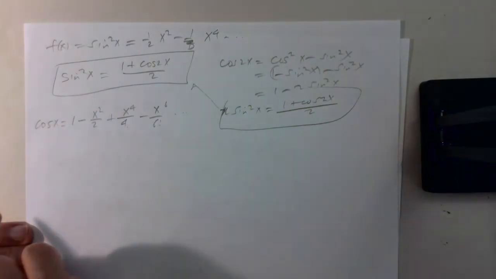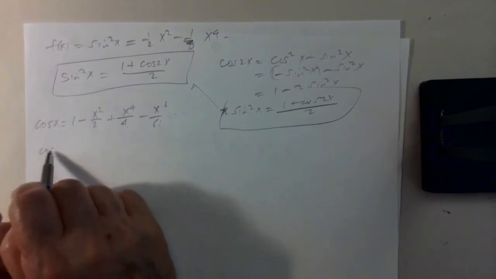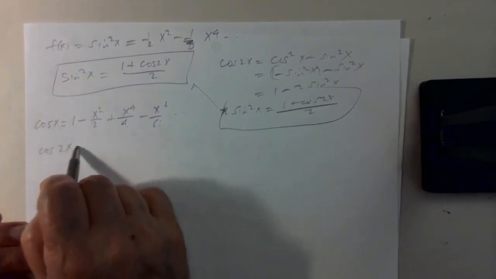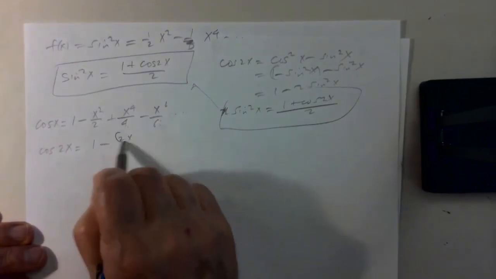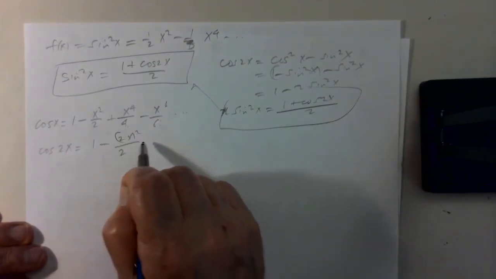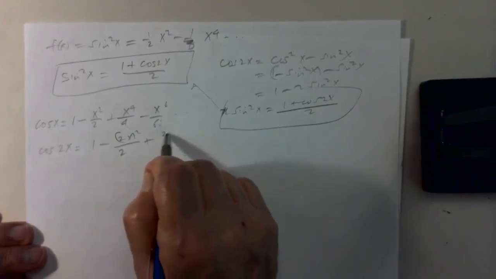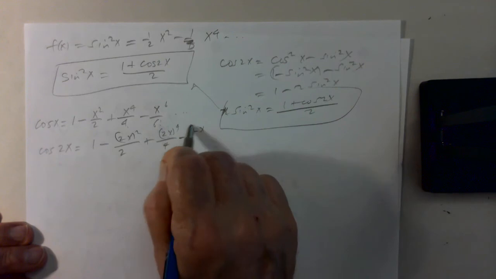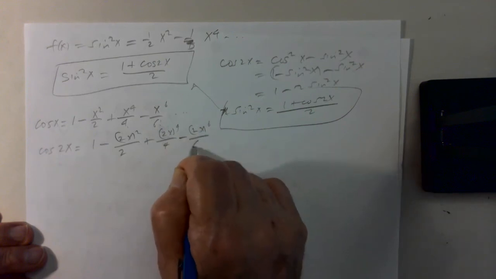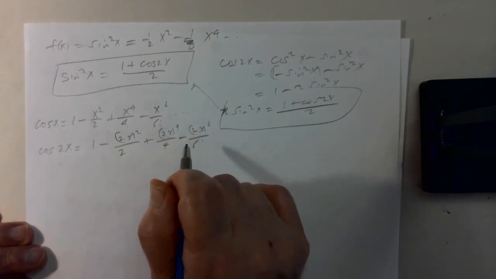So the cosine of 2x is 1 minus 2x squared over 2 plus 2x to the 4th over 4 minus 2x to the 6th over 6 factorial.